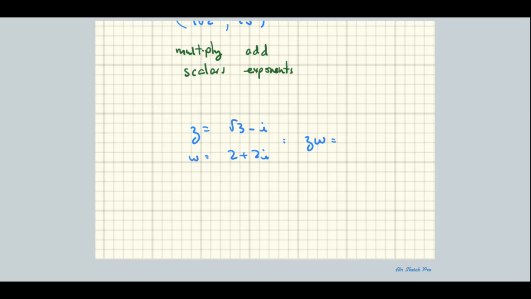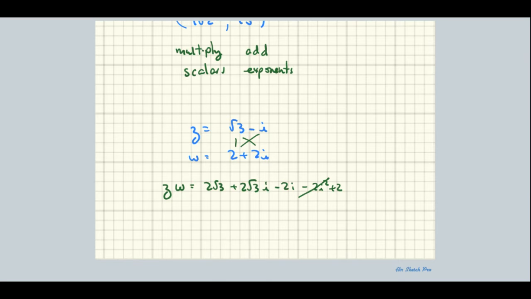So that gives me, underneath, because I don't want to do it there, z times w equals 2 root 3 plus 2 root 3 i minus 2i minus 2i squared, that's plus 2.